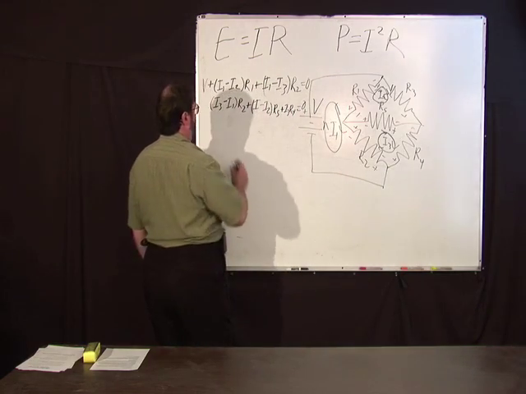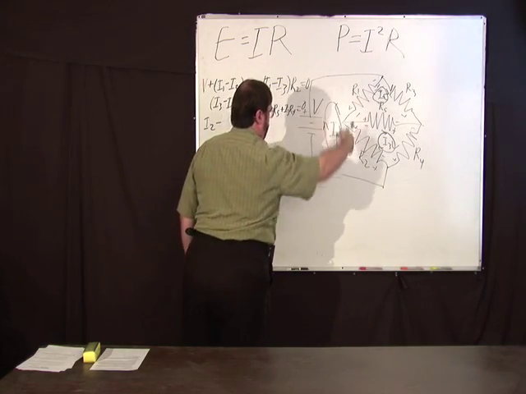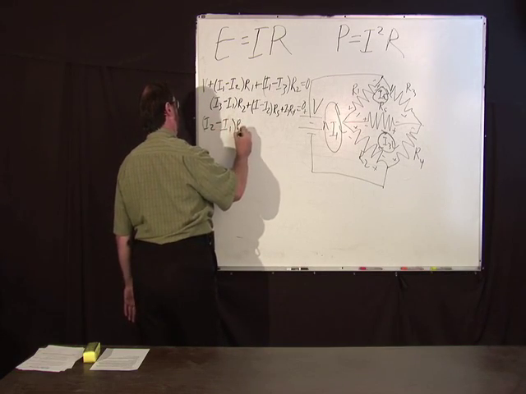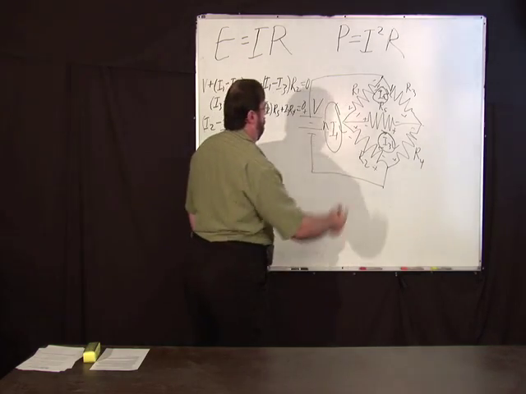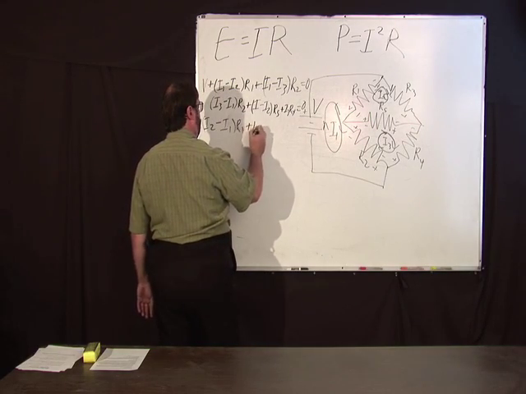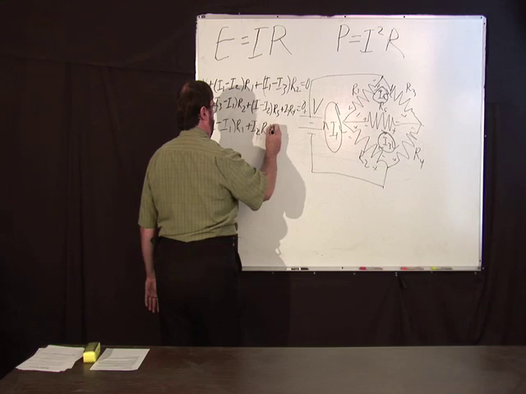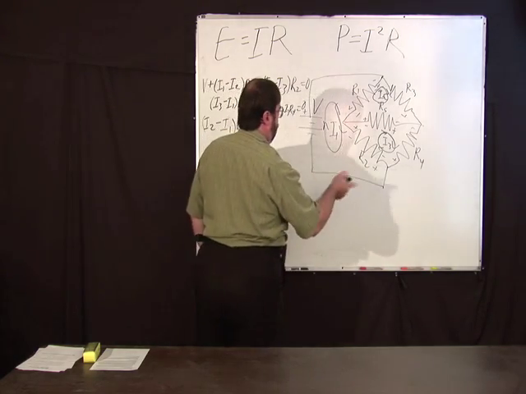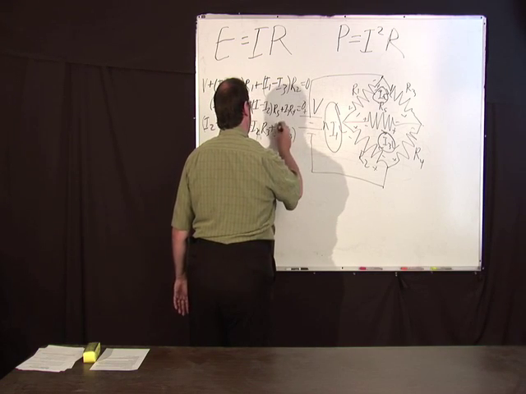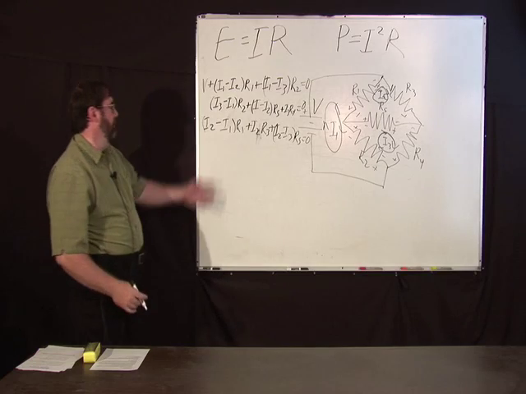So we've got I2 minus, since it's going this way, this is going this way, they subtract again, minus I1 R1, plus I2 R3, plus I2 minus I3 R5 equals 0. Okay, we have 3 equations, 3 unknowns.